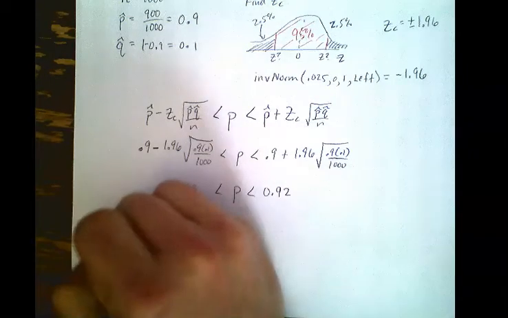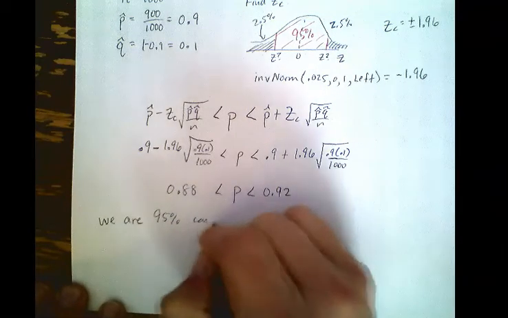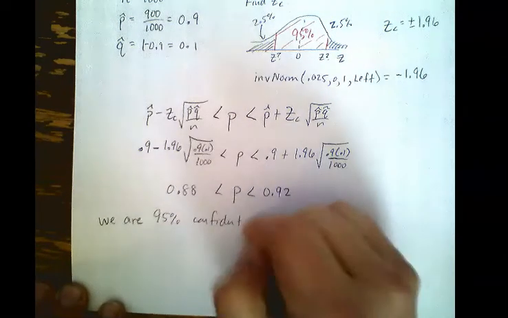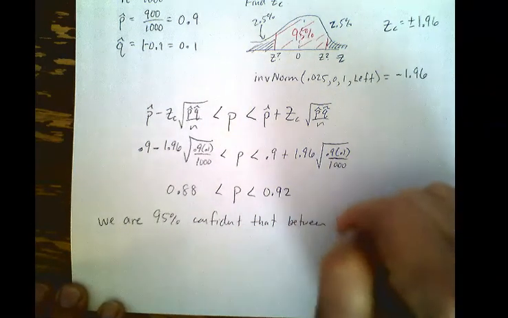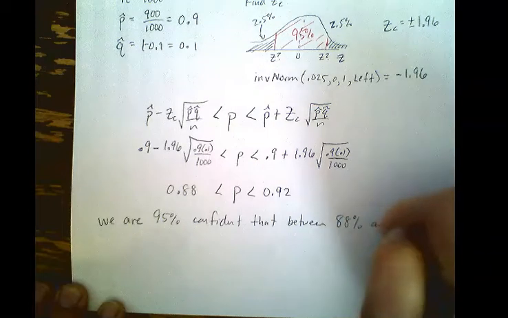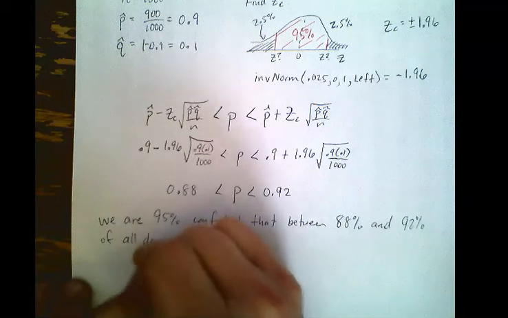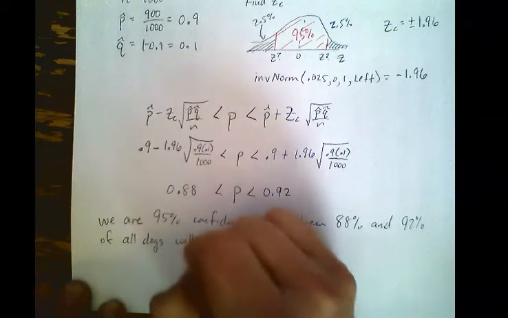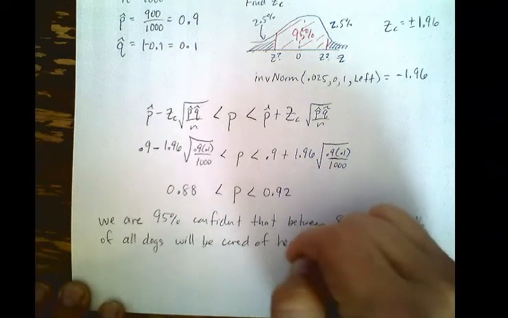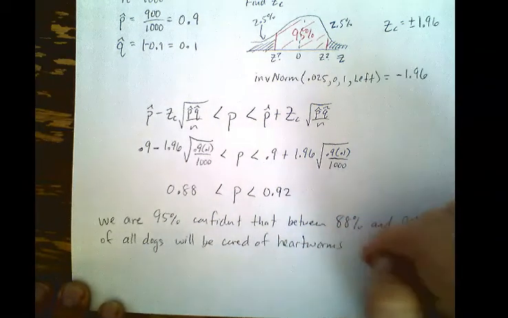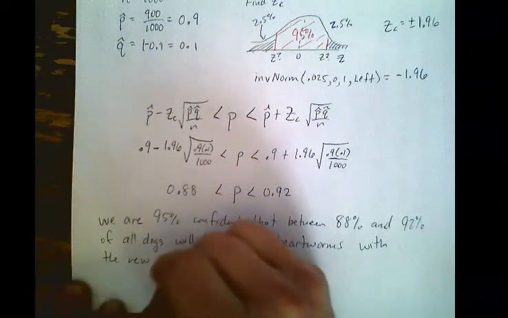Therefore, we are 95% confident that between 88% and 92% of all dogs will be cured of heartworms with the new treatment.